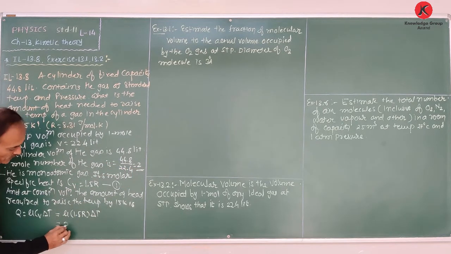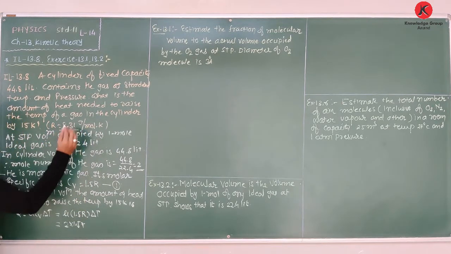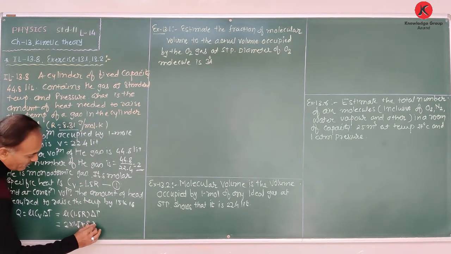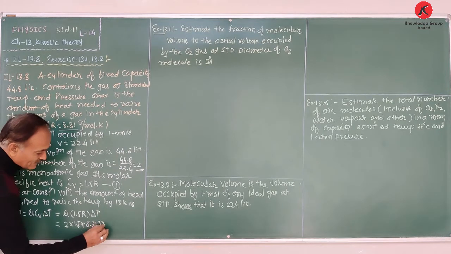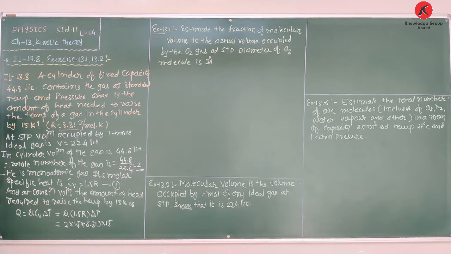Mu is 2 mole into 1.5. The value of R is given as 8.31. Delta T is given as 15. So as we simplify it, we obtain 374 joule. Heat is required.